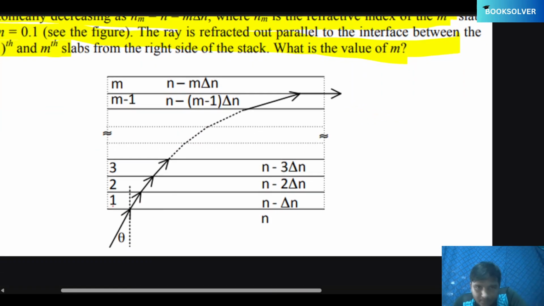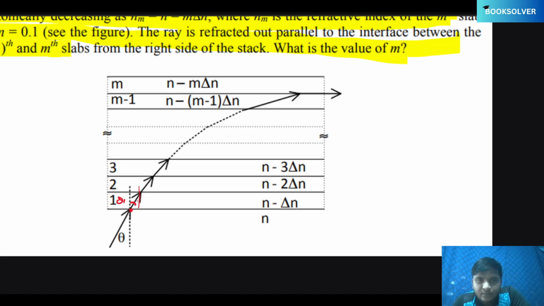Let's suppose this is the surface here. What is the Snell's law equation that I will write for you? Let's write theta1, and if the refracted angle here is theta1, this will also be theta1, and the refracted angle will now be theta2. Similarly, I can write it for all the surfaces. What will be the equation for the first surface?